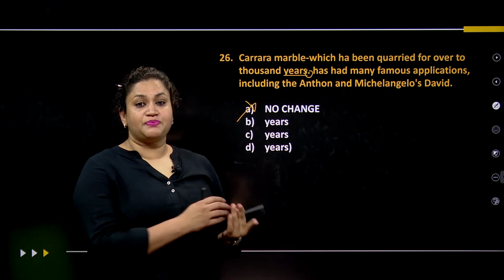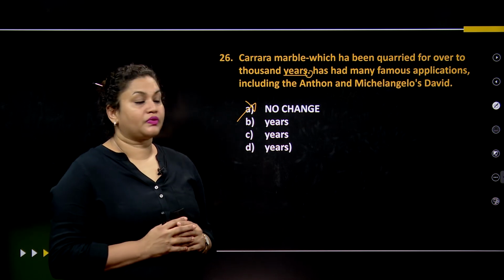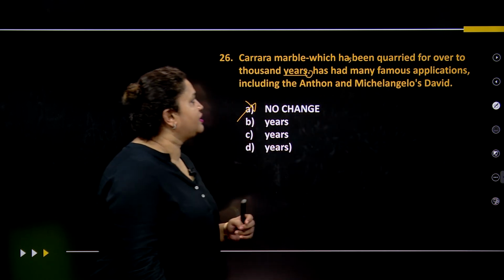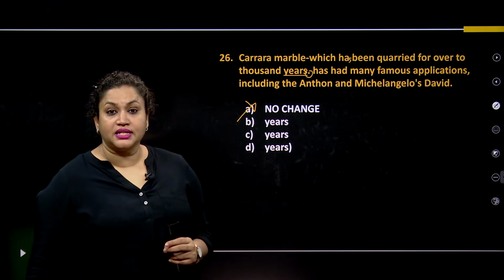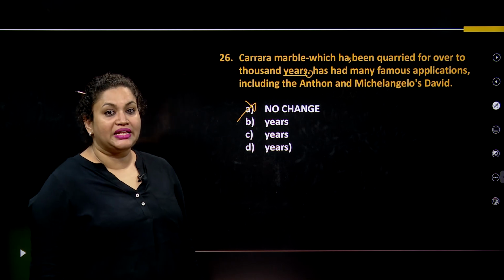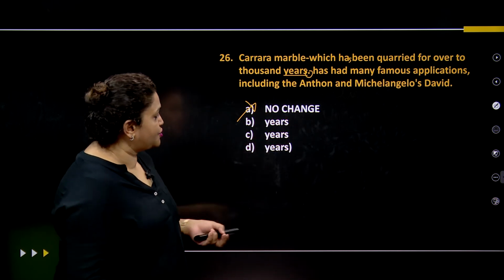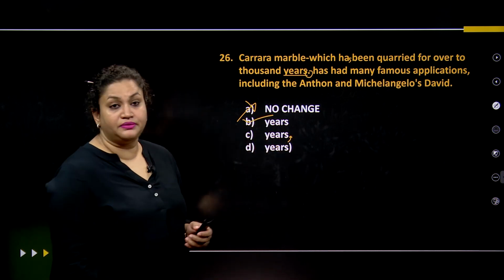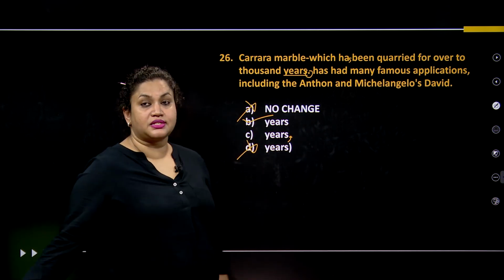"Which has been quarried for over 1,000 years, has had many famous applications, including the Athena." You cannot put a full stop there, therefore that is not the right answer. You should have a comma here, therefore B is the right answer. You cannot have this one because there is no starting dash, so this is the wrong option.